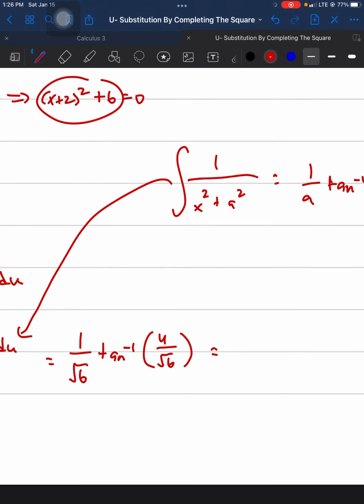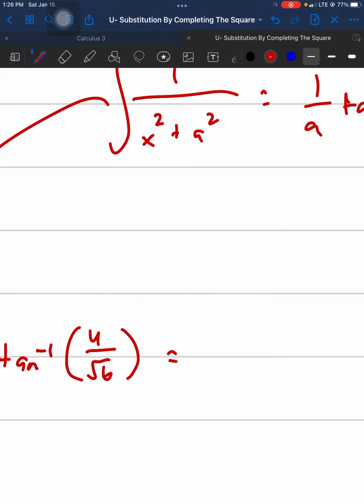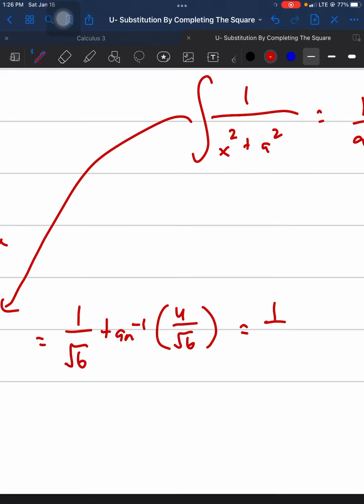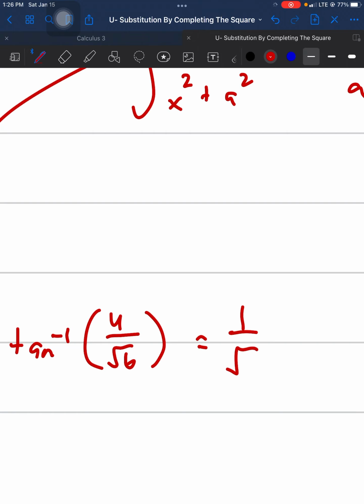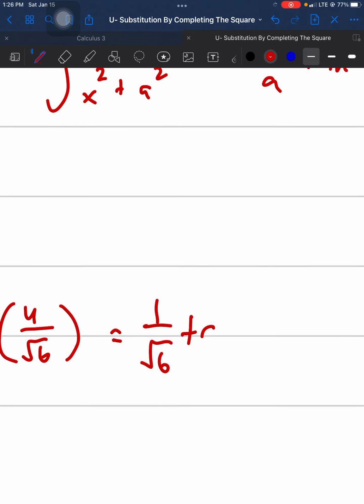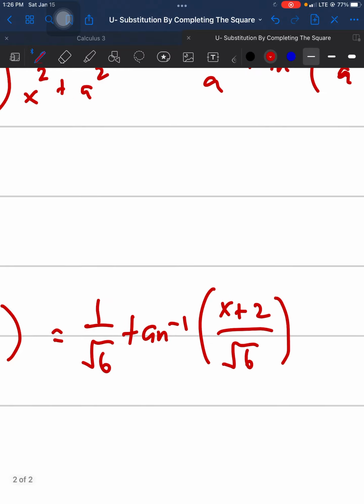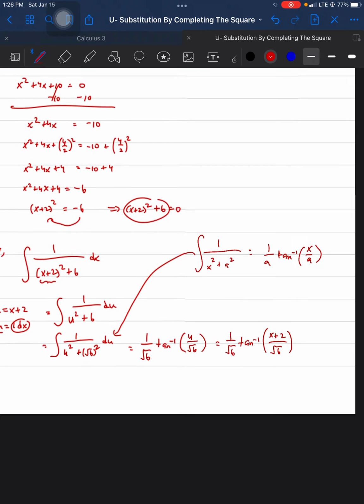So what we would do is basically substitute back x plus 2 into the final result of the integral. So 1 over radical 6 tan inverse of x plus 2 over radical 6.